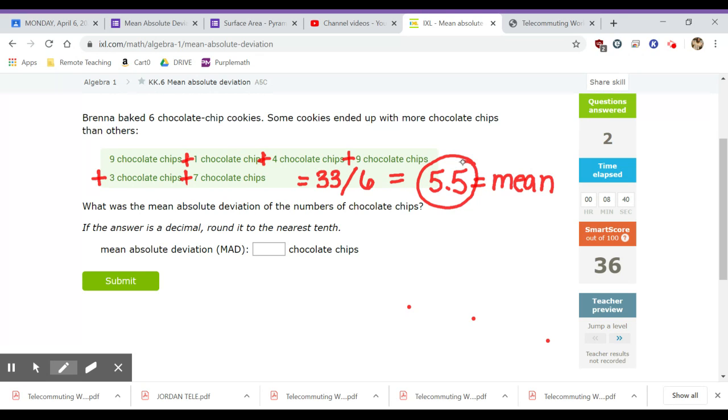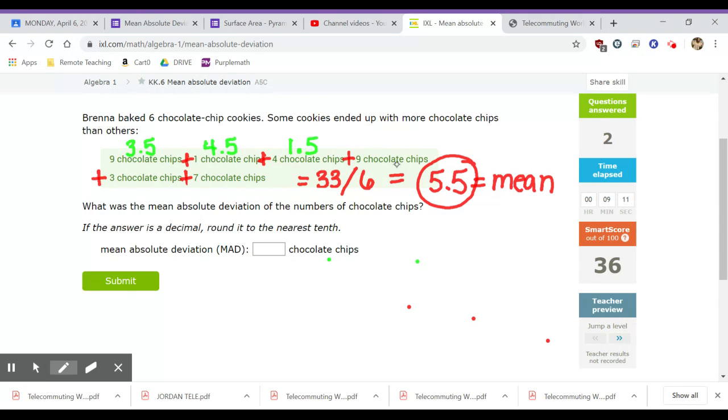Okay? So now I just have to figure out how far each number is from the mean. And I'll just subtract. So 9 minus 5.5 is going to be 3.5. 5.5 minus 1 is going to be 4.5. 5.5 minus 4 is going to be 1.5.